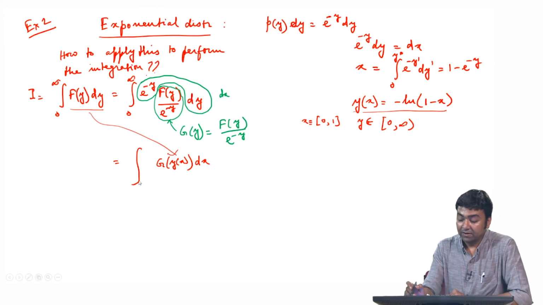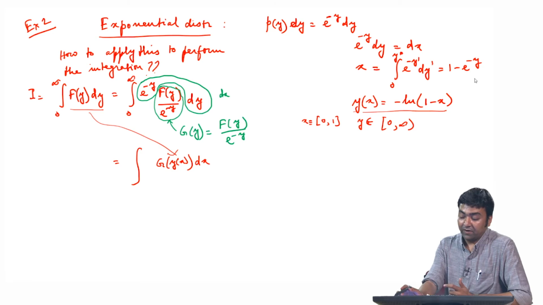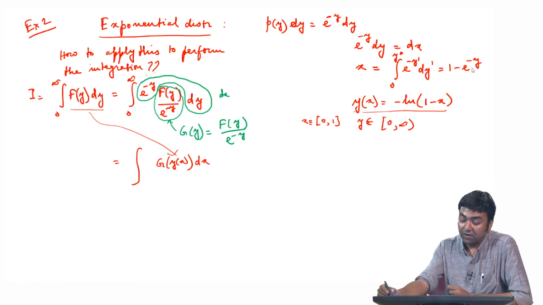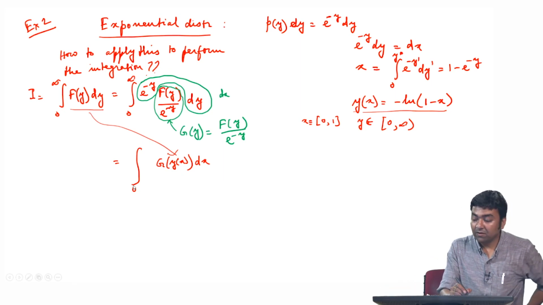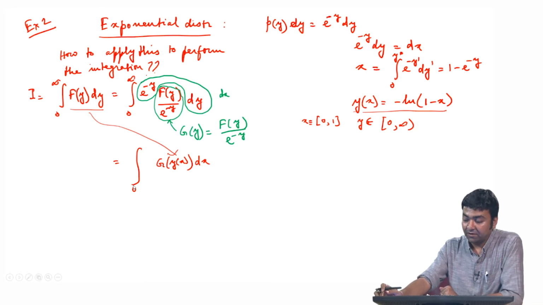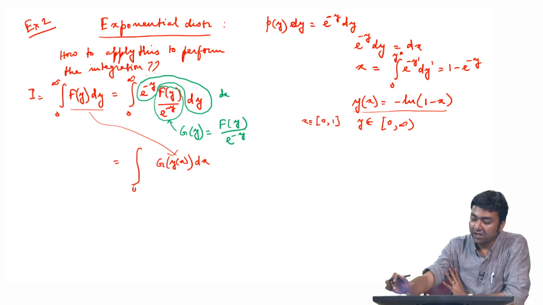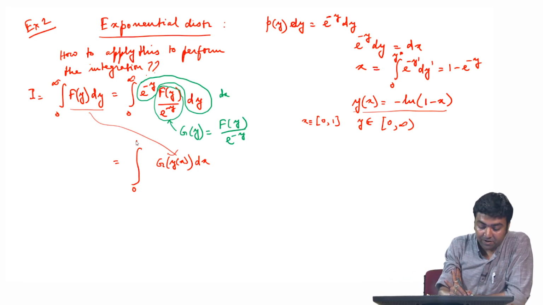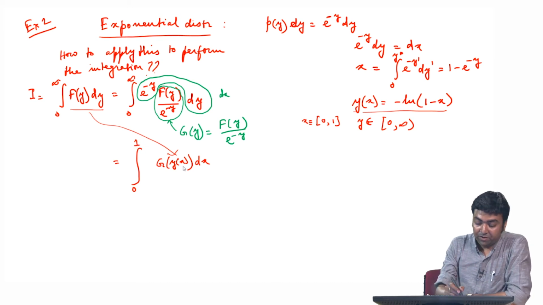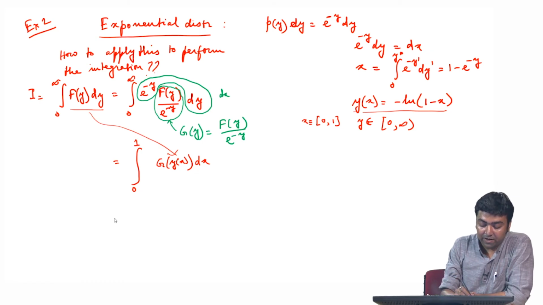We need to go the other way around. When y is equal to 0, x will also become 0, but when y is infinity, x becomes 1. This is how the integrand looks after the variable transformation, and then I can use Monte Carlo to approximate it: instead of evaluating f(y), I will find the average of g(y(x_i)), where x_i is a random number in the interval between 0 and 1.